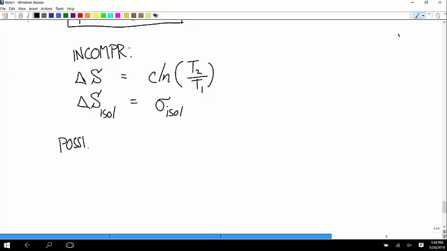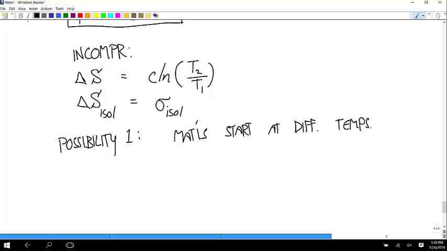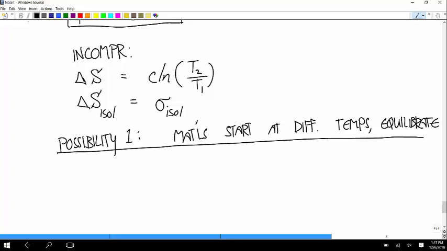Possibility 1: the materials start at different temperatures and then equilibrate. This is the one that we expect to be possible.